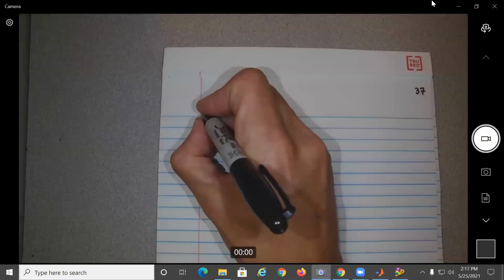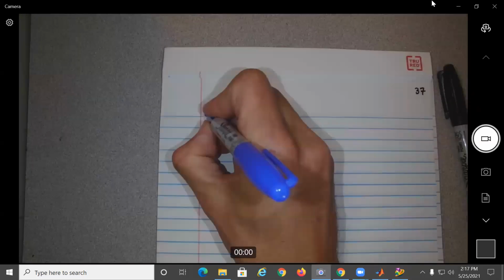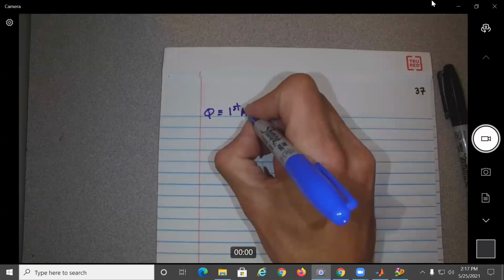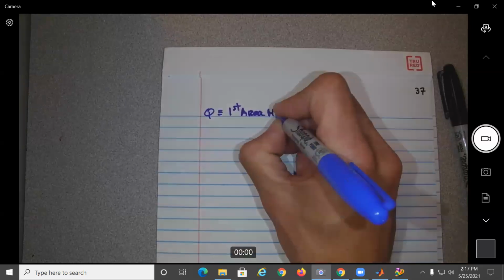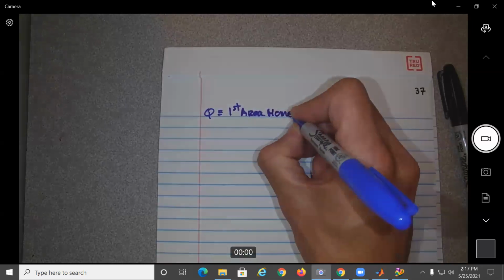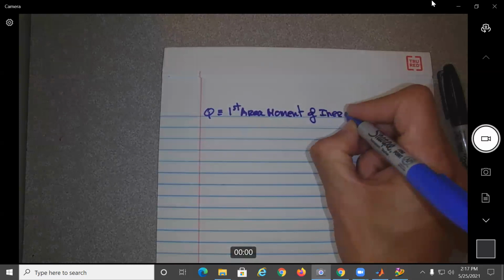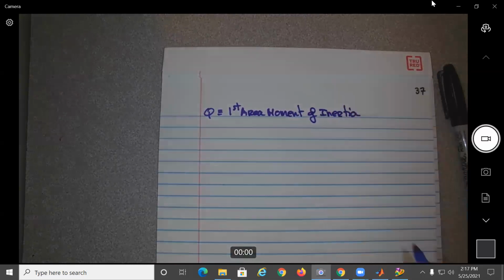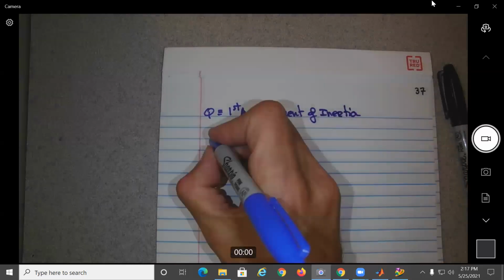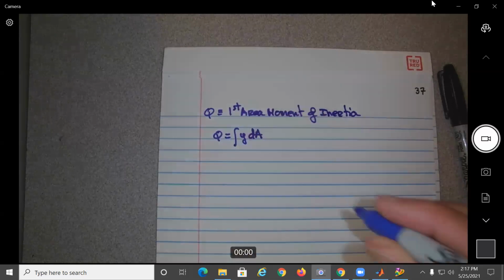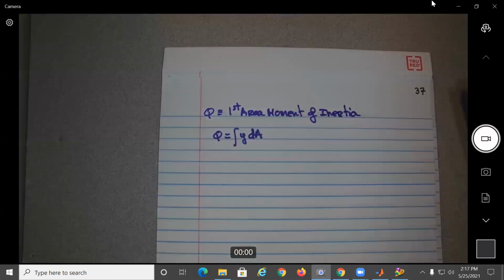Okay, so Q, first area moment of inertia. We know the complicated equation for this one is the integral of y dA, but there's an easy way to calculate that one.